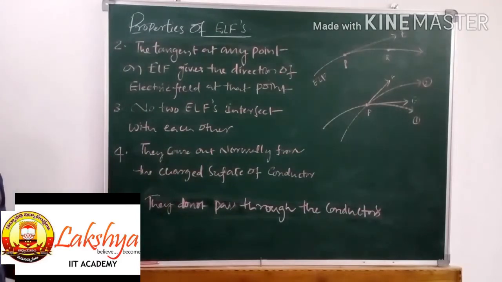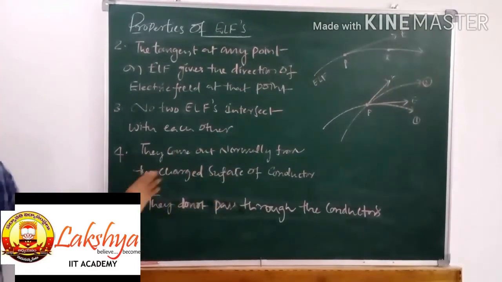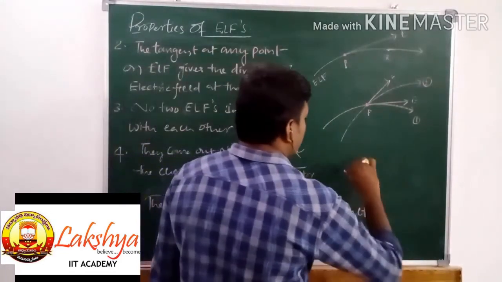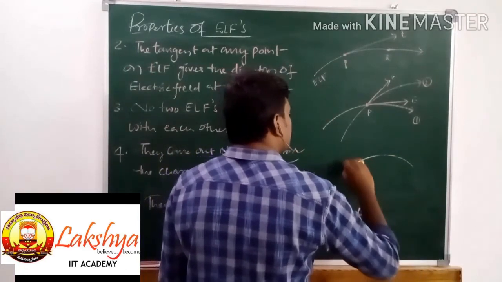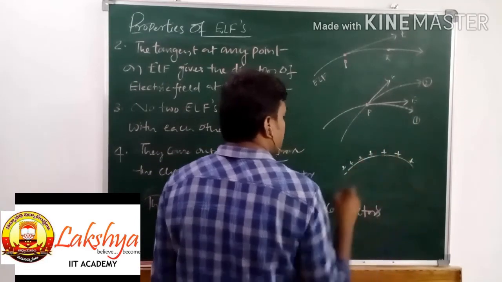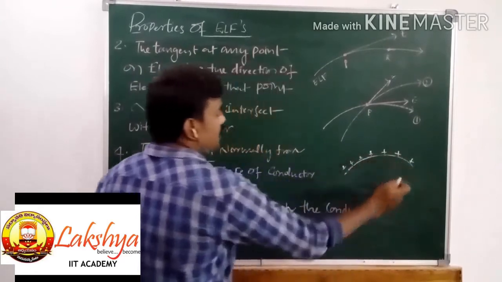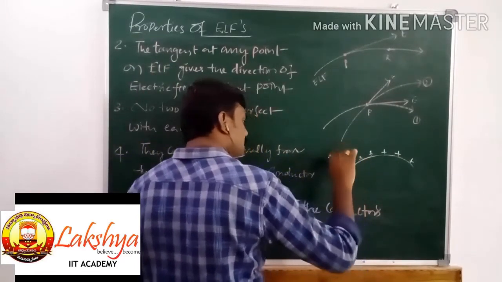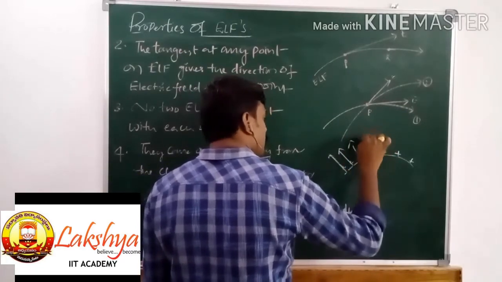And the fourth point is, they come out normally from the charged surface of a conductor. Let us take a charged surface, a part of a conductor which is being charged. Let us take the charge deposition like this. Because of these charges, the electric field direction, that means the ELF direction, will always be perpendicular to the surface of the conductor.